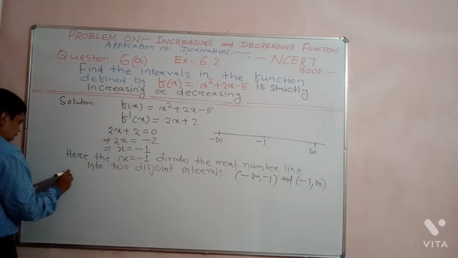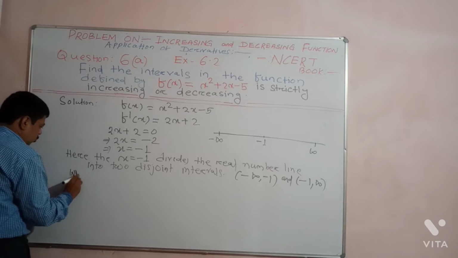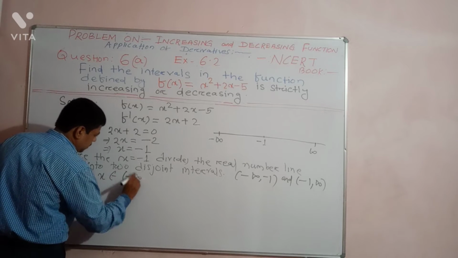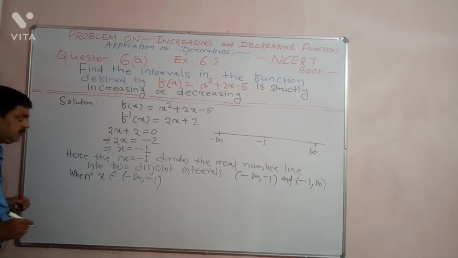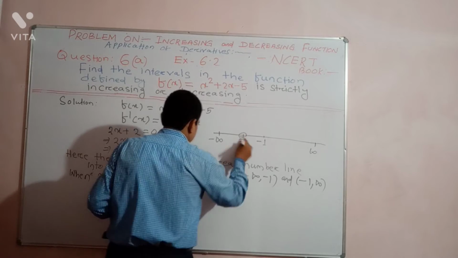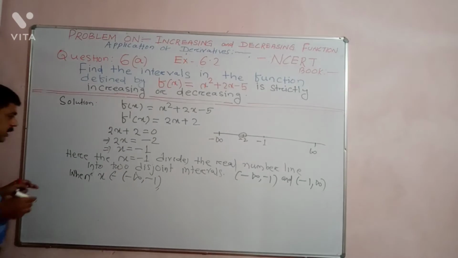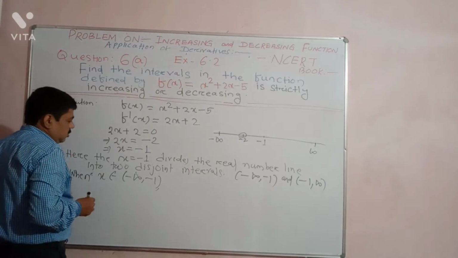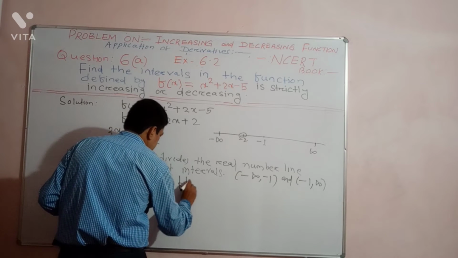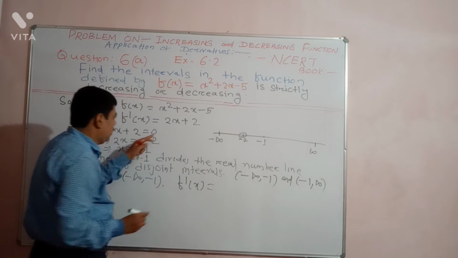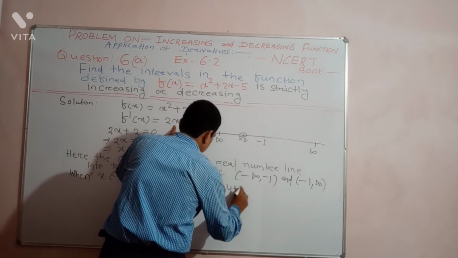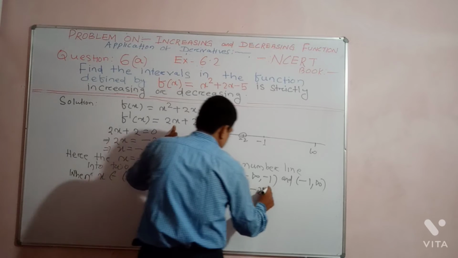Now when the domain of the function lies in the interval minus infinity to -1, let us take any value in it, suppose x = -2. What is the slope of the function? Putting x = -2, f'(x) = -4 + 2 = -2, which is less than 0.